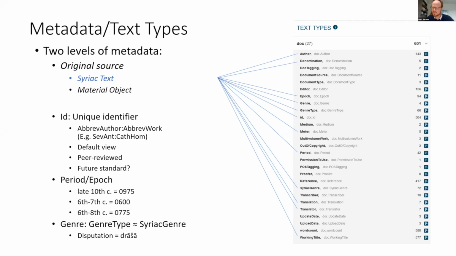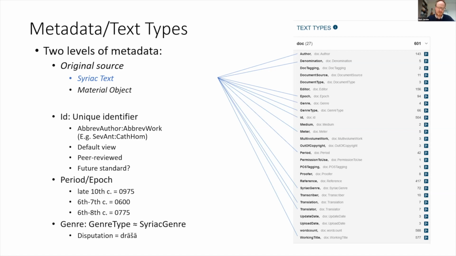Other attributes that will be relevant to your searches are genre type and Syriac genre. Under genre, it means if it's prose or poetry, basically. But then this is further specified under genre type. And this more or less corresponds to what we have for Syriac genre, but there it uses the Syriac terminology.